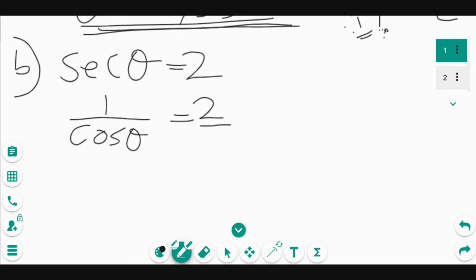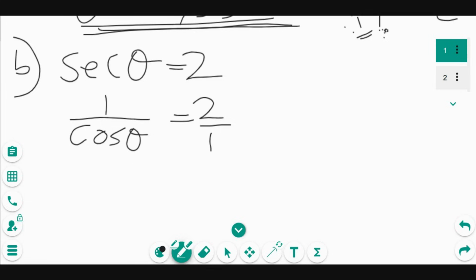Then 2 is the same as 2 over 1. I want to cross multiply. I want cos theta not to be a denominator; I want it to be a whole number.